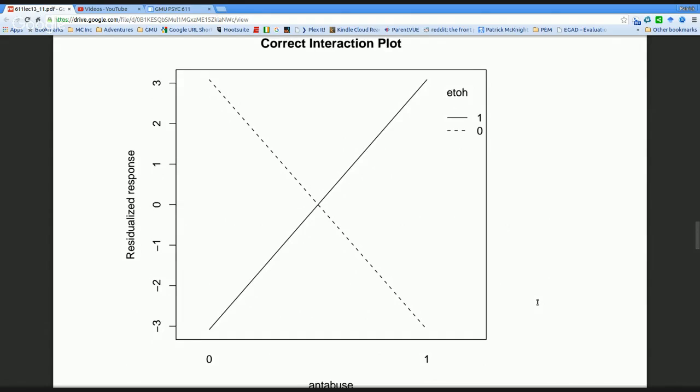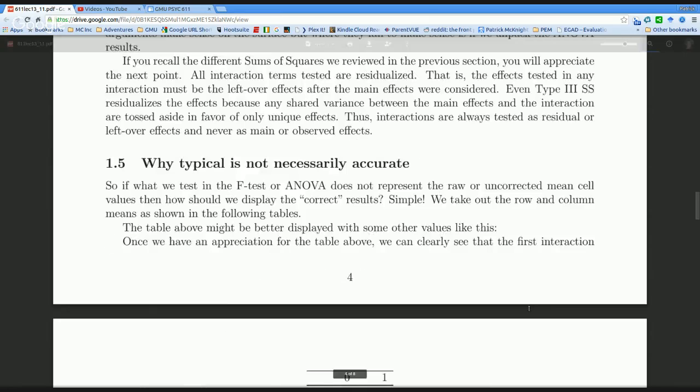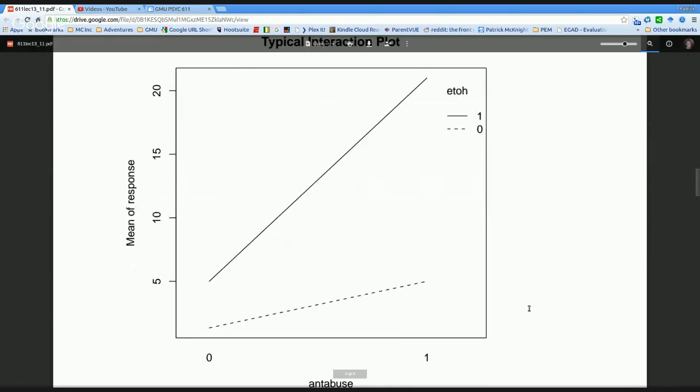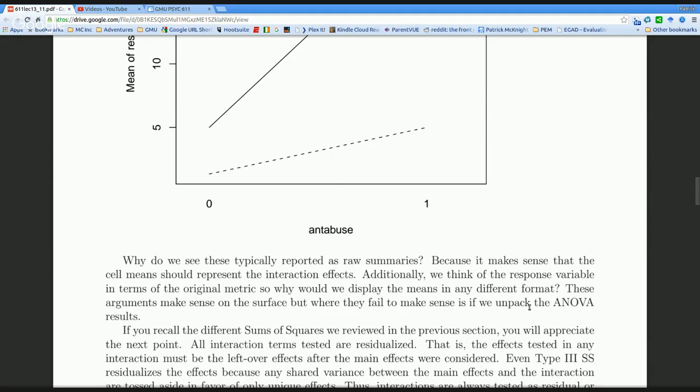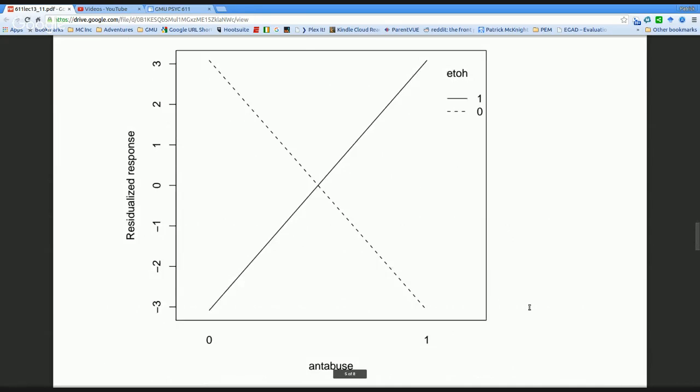This is the plot that's actually showing the effect that is being tested. So this is quite dramatically different than the plot that I showed you originally. If you look at it, yes, there's a bit of an effect, but this is the real effect that's being tested with the F-test, because the F-test on the interaction is a residualized test.